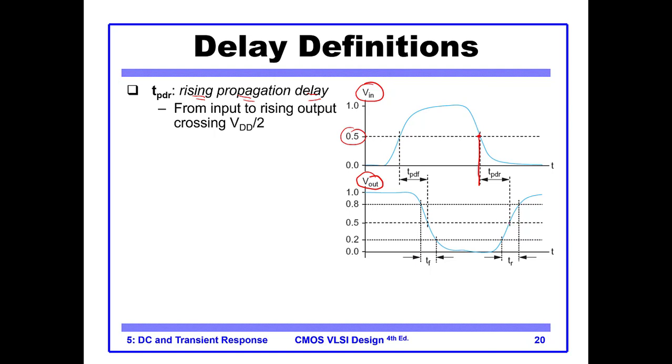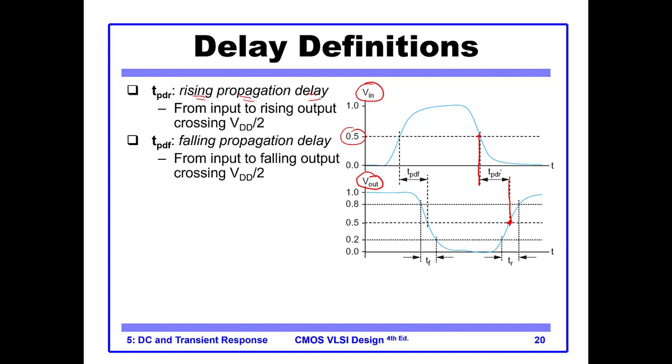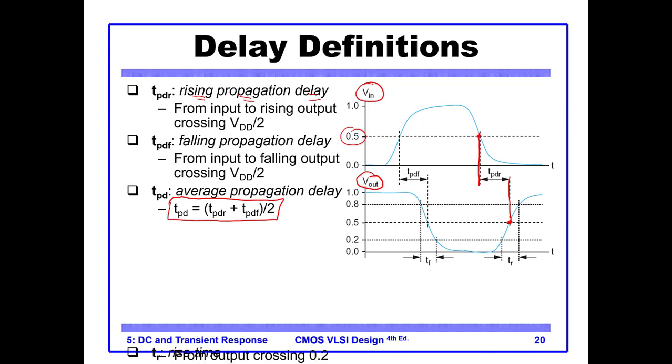When the output reaches 50%, which is again this point, so the time from here to here is called TPR, rising propagation delay. Okay. Similarly, the other is falling propagation delay. So when the output is falling, then we have average propagation delay. This is called TPD. So it is basically TPDR plus TPDF divided by 2.